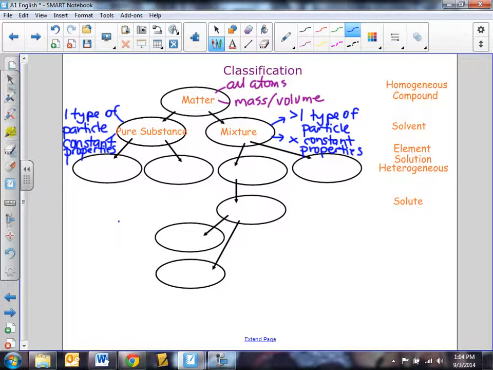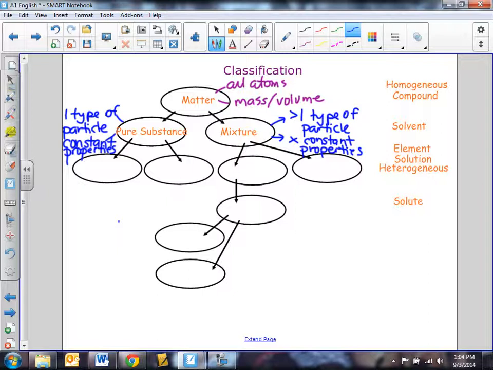So for example, pure water is a pure substance. It boils at 100 degrees. That's a property. Salt water is a mixture. Depending how much of it is salt and how much of it is water, the boiling point will be different. And that's what I mean by the properties aren't constant.